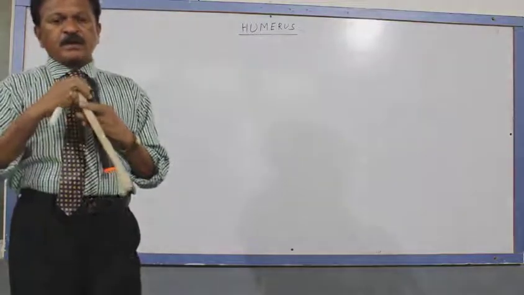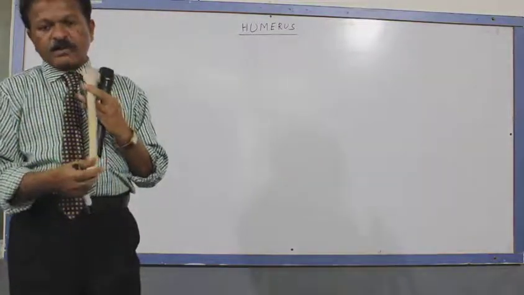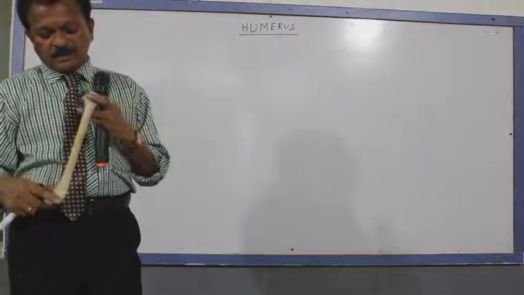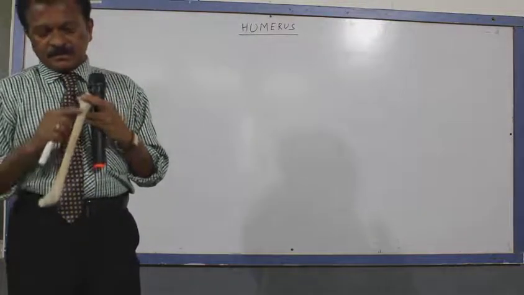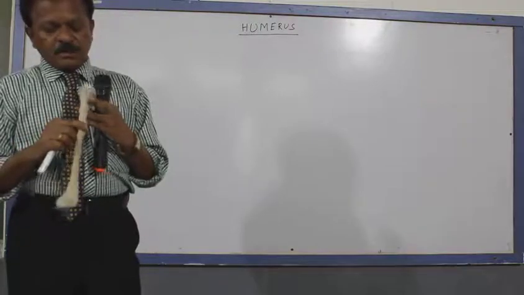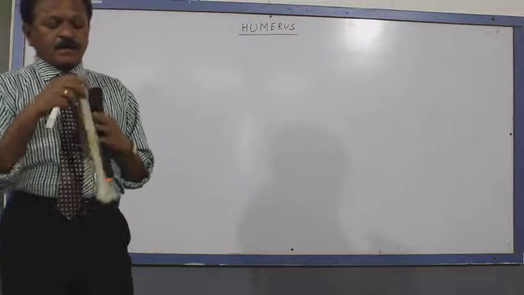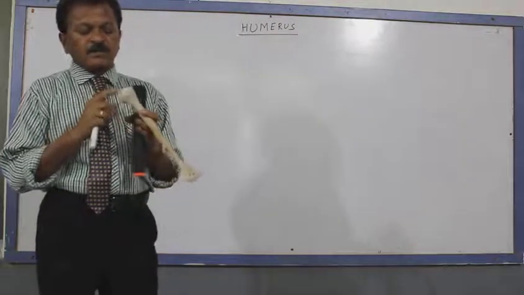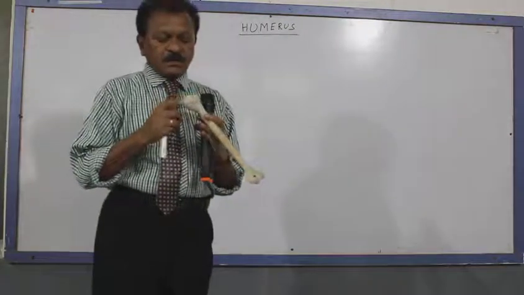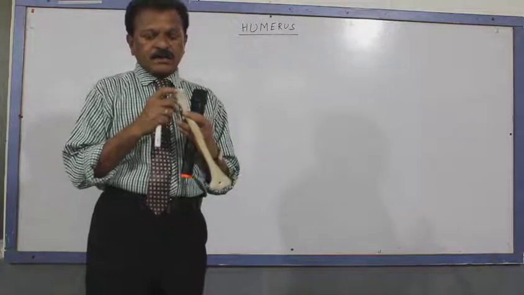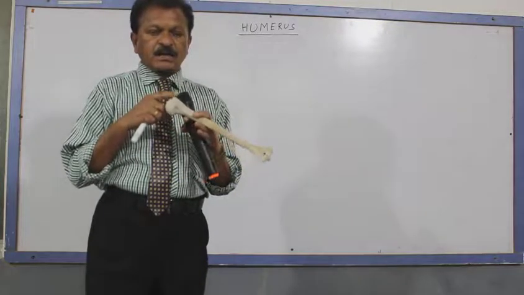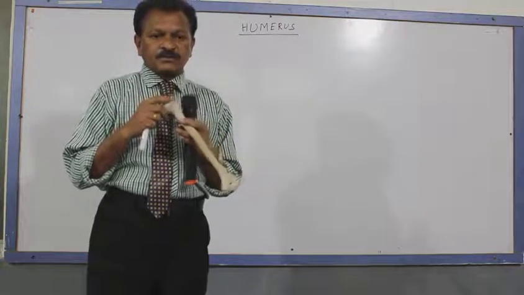This is the upper end and the lower end. In between the upper end and lower end, there is the shaft. This upper end has so many parts: the head of the humerus, the lesser tubercle or anterior tubercle of the humerus, and the greater tubercle of the humerus.